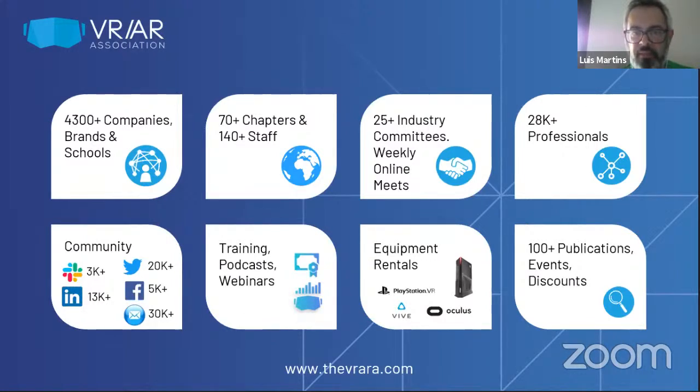All of the professionals and companies organize themselves into industry committees. For instance, I am part of the enterprise committee. Some other members are part of the tourism committee or the retail committee. Besides doing two calls every 2 weeks, we create best practices reports that we share with all the members across the globe.